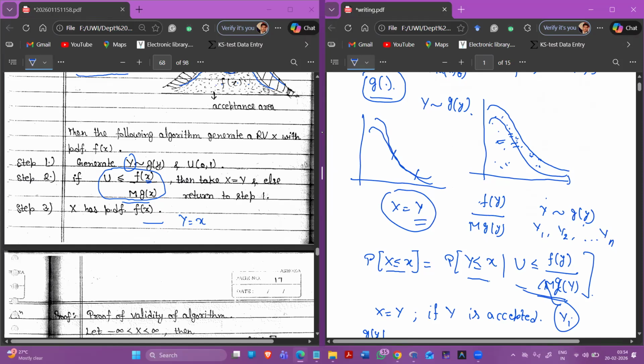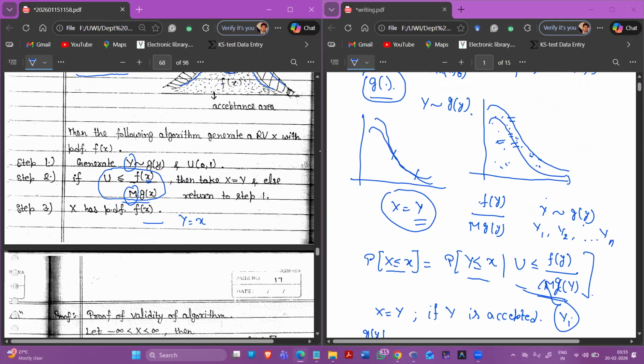It is not necessarily the case every single time that it will cover fx completely. It is not possible; sometimes it will overlap or sometimes it will not. So at that time, I am going to introduce a constant m in such a way that after multiplying gx by that constant, it will overlap my fx completely.